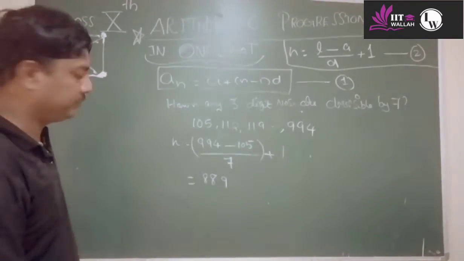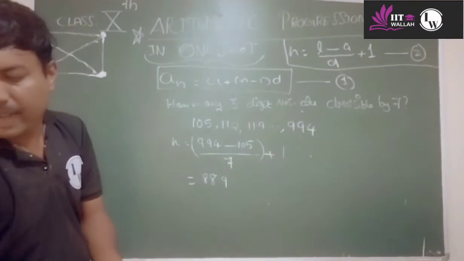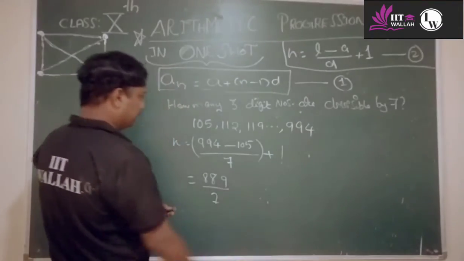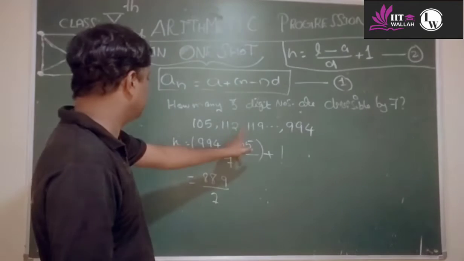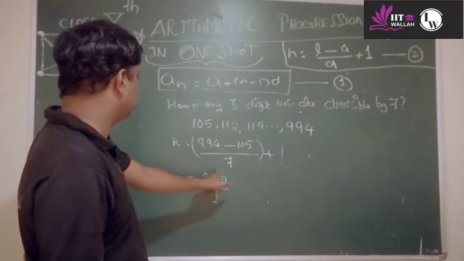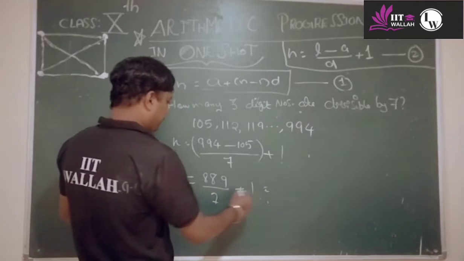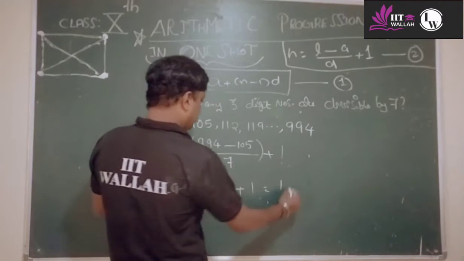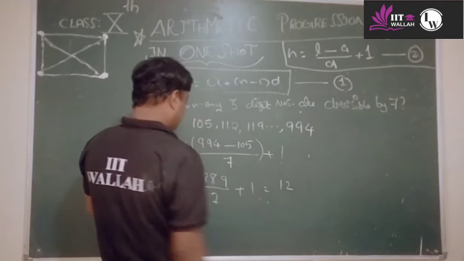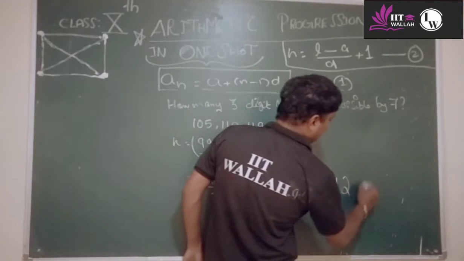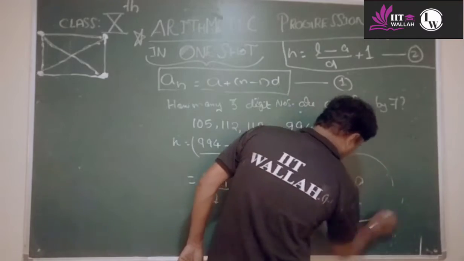Plus 1. So this is 994 minus 105, which is 889, by 7 plus 1. 889 by 7 is 127, plus 1 is 128, our answer.